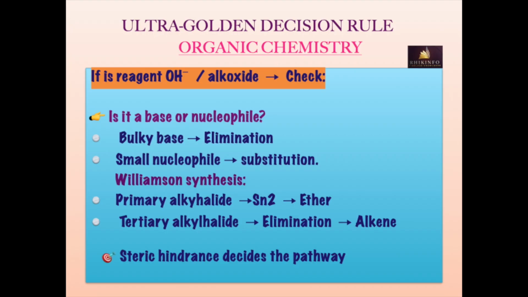Small nucleophile, substitution. In Williamson synthesis, an alkoxide reacts with primary alkyl halide. It follows the SN2 reaction, leading to ether formation. While with tertiary alkyl halide, elimination dominates, leading to the formation of alkenes. Thus, steric hindrance decides the pathway.